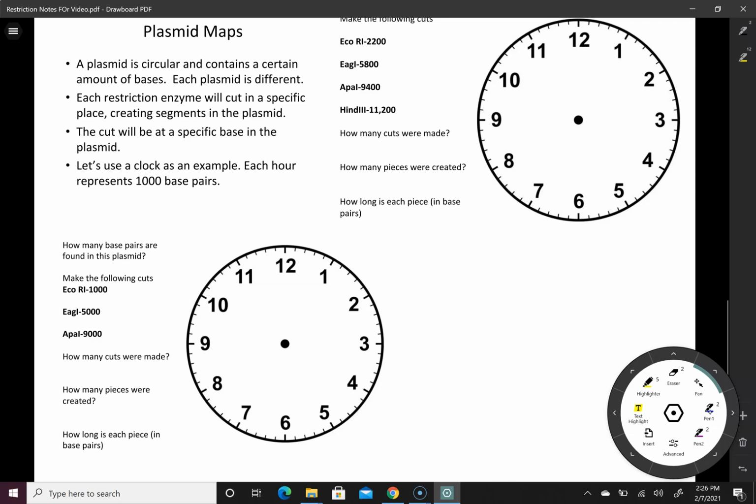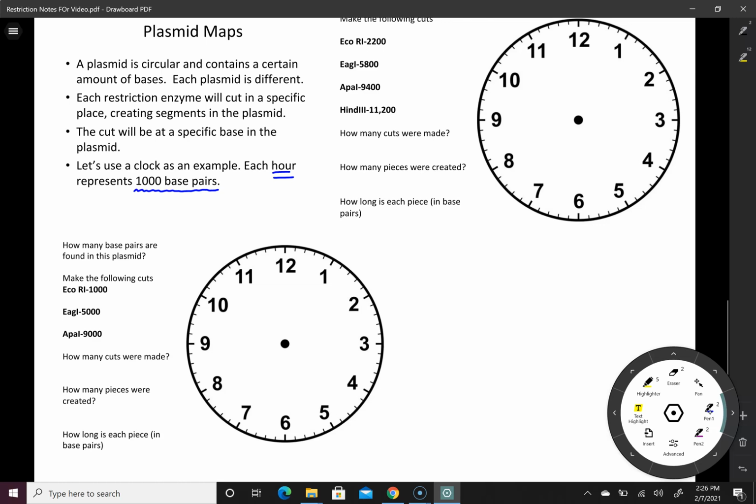Now, this particular clock, let's assume it has 12 hours, and let's say that each hour on the clock represents a total of 1,000 base pairs. This plasmid would have a total of 12,000 base pairs. And if you believe that, then that is phenomenal, and I'll show you how it works in a second.